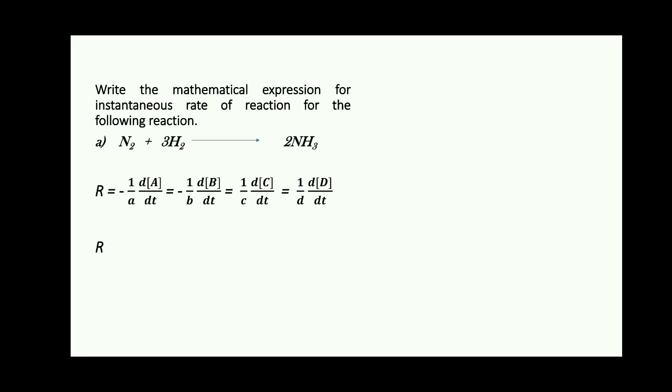So here in place of A we are having N2, and in place of small a we are having 1, and in place of B we are having H2, okay, and in place of C we are having NH3, and in place of D we have nothing. Okay, so D क्या होगा? D गायब हो जाएगा.